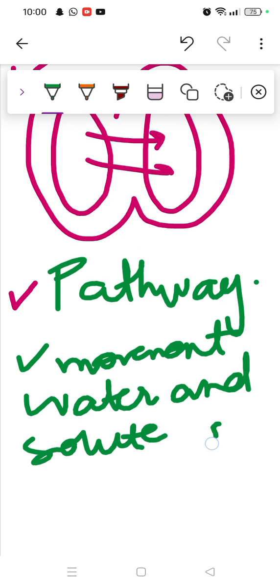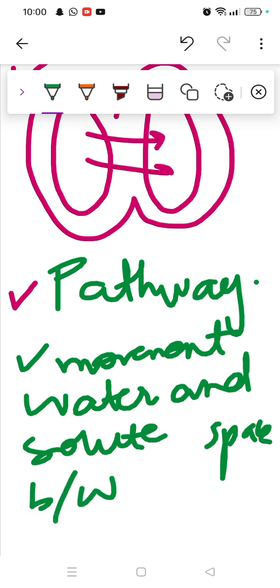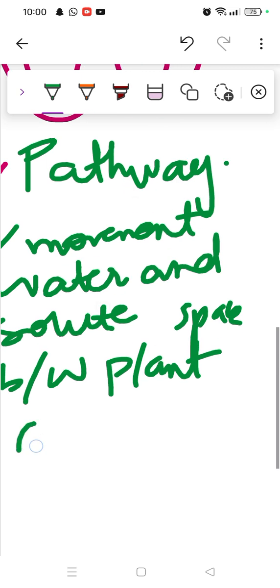So the space between the plant cell and the extracellular environment.